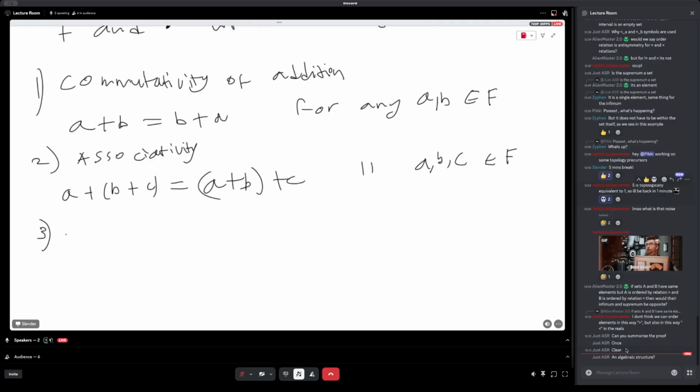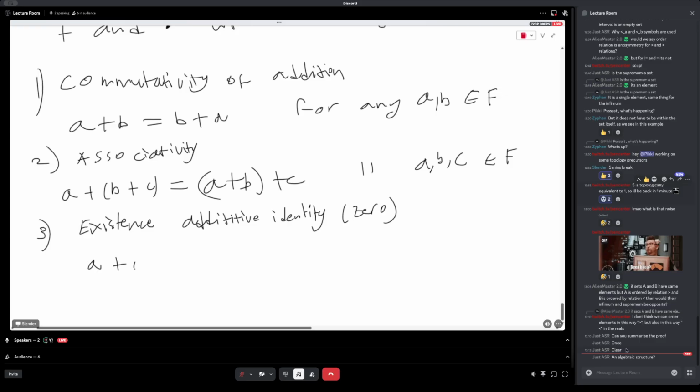And the third thing we have is the existence of an additive identity. You also call this the zero element. So you denote that element by, of course, writing zero.